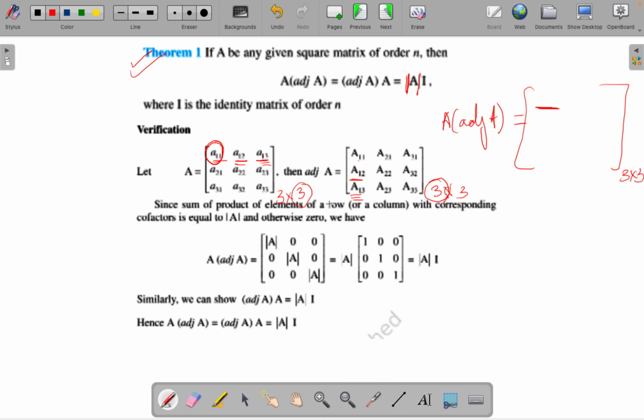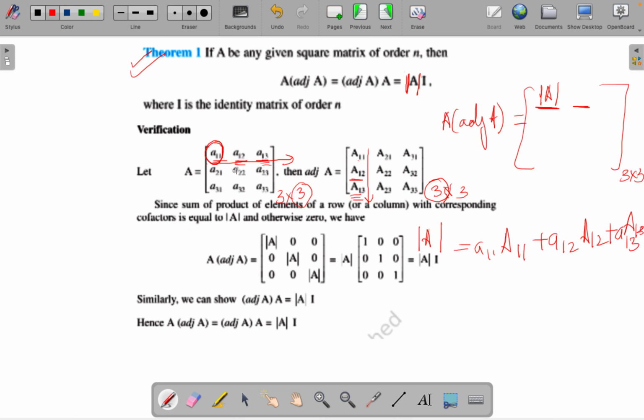Can I say this position will be first row into first column? So that is A11 into capital A11 plus A12 into capital A12 plus A13 into capital A13. Don't you think, if you remember very clearly from the last exercise, this is what the determinant of A is. So in the first position, the determinant of A has come.